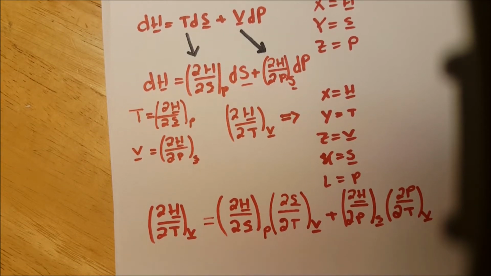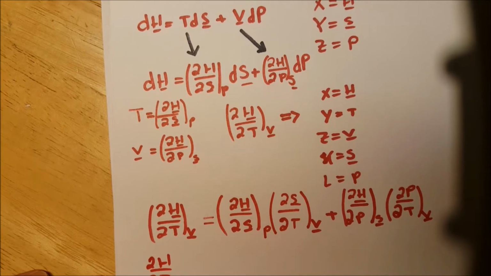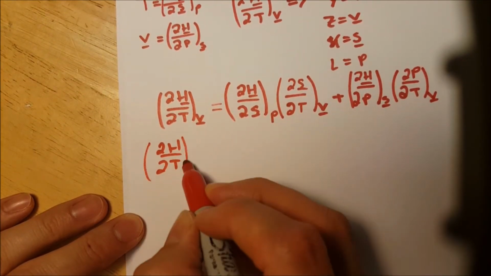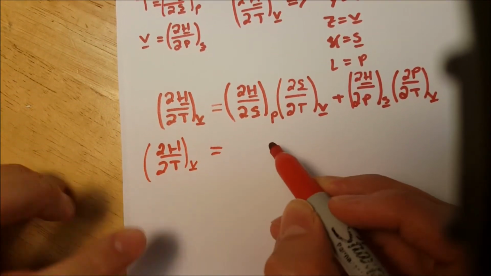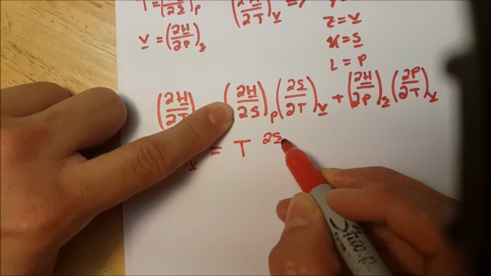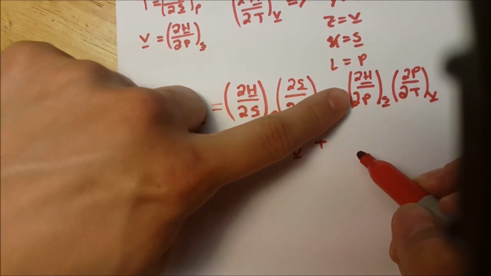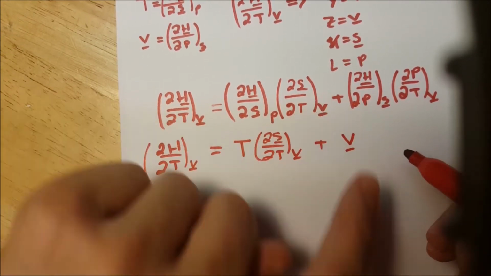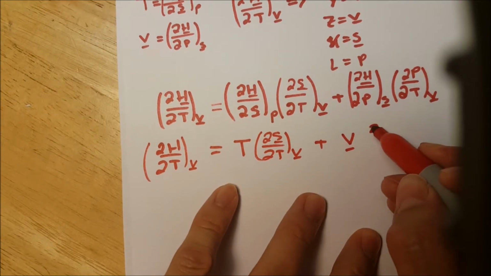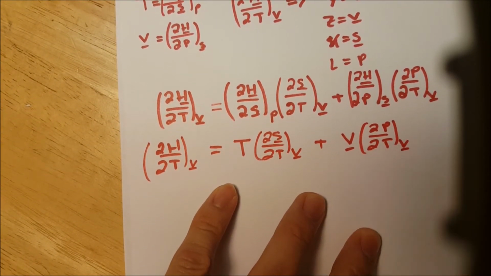So we can rewrite this. (∂H/∂T) with V constant is equal to T times (∂S/∂T) with V constant, plus V, specific volume, times (∂P/∂T) with V constant.